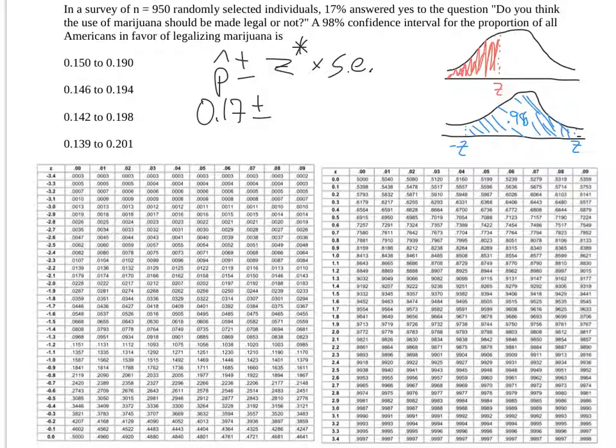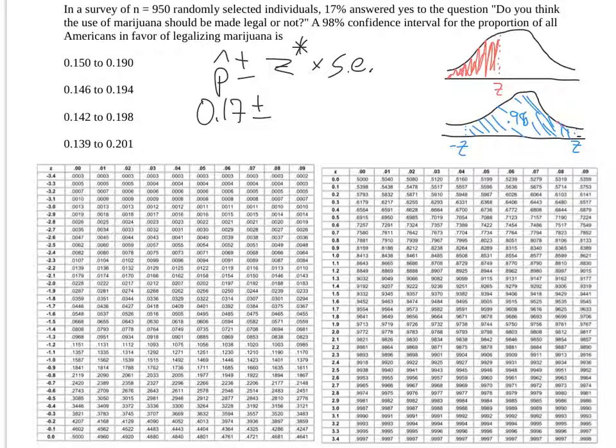Which means if this table only gives us area to the left of the z value, you'll notice that this is only area to the left, we can either look up the z value that corresponds with 99.9 on the left of it, right? Because they'll have 0.1 over here and 0.1 over here. I'm talking in terms of area, right?